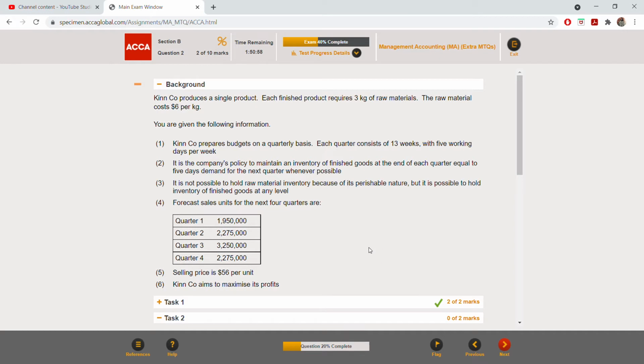How is it 175,000? Because the opening inventory is based on the closing inventory required at the end of quarter 3, which is equivalent to 1 week of quarter 4.